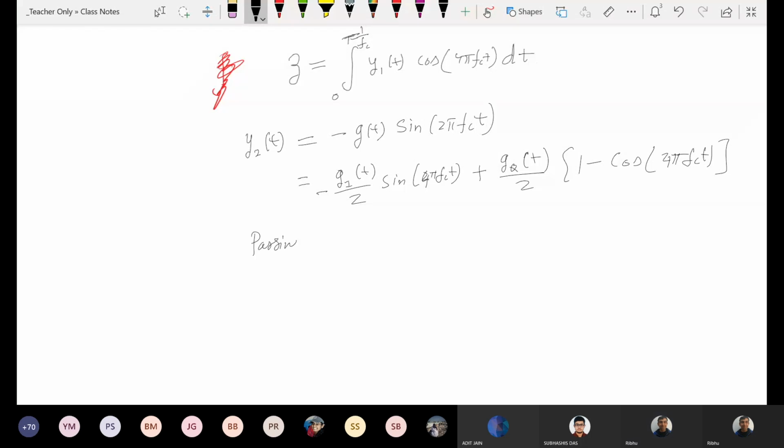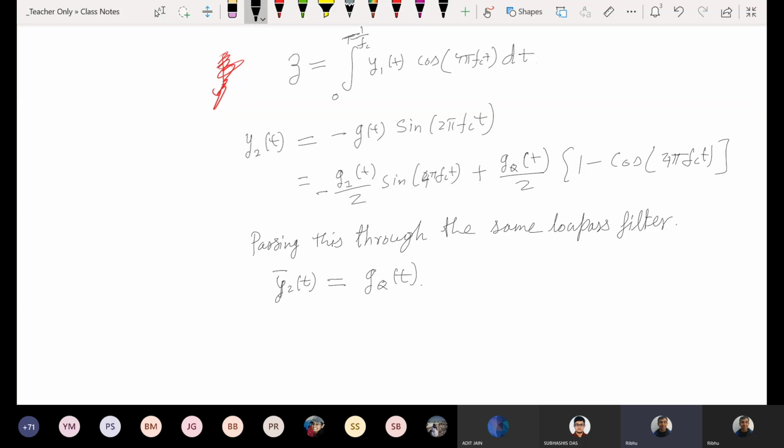And passing this through the same low pass filter, I get, what was the notation that I used earlier? y1 bar t, y2 bar t. y2 bar t equals g_Q(t).